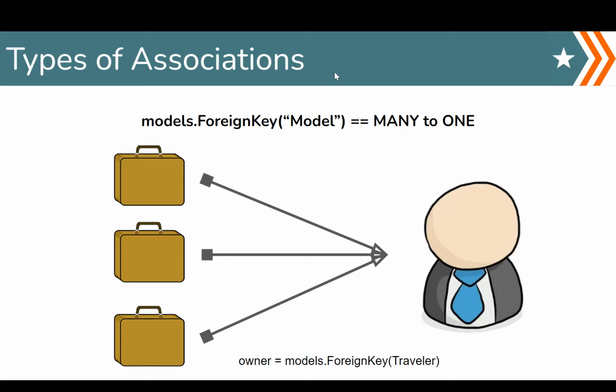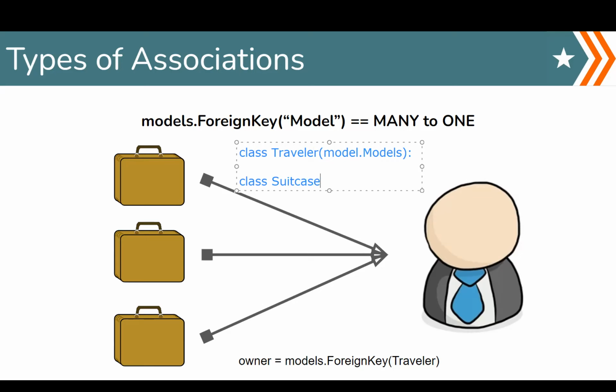So we can do the exact same thing here as we did in the previous case. So I can create a class traveler, and I can say this is models.Model. I don't really need to fill it in with anything. And I can also then create a class for suitcase.